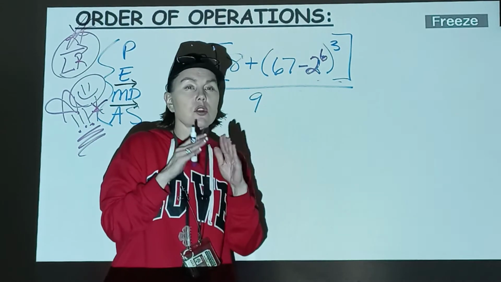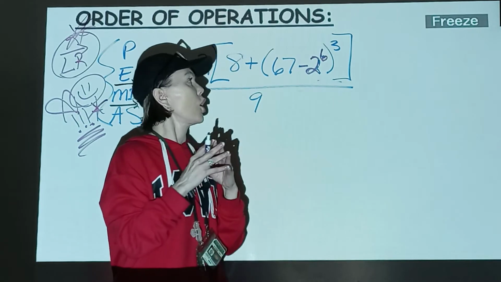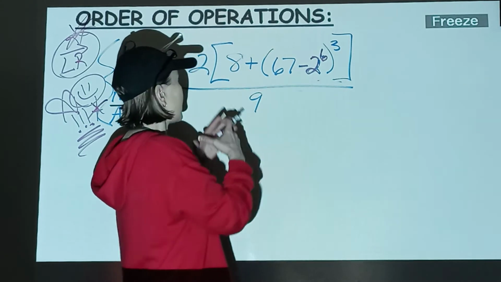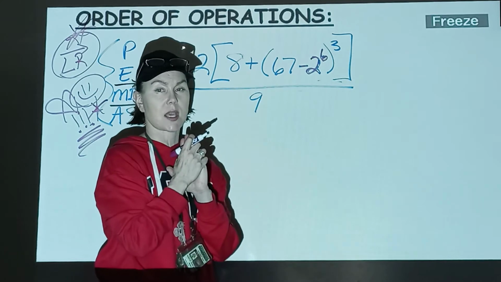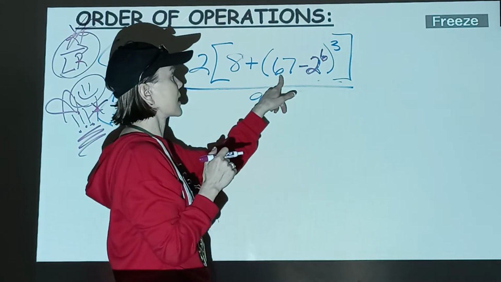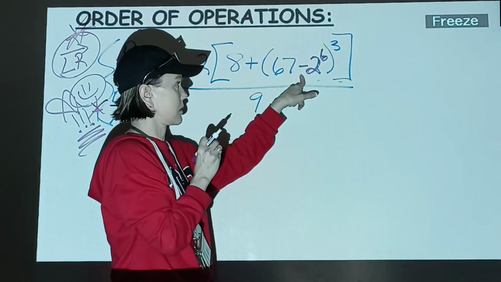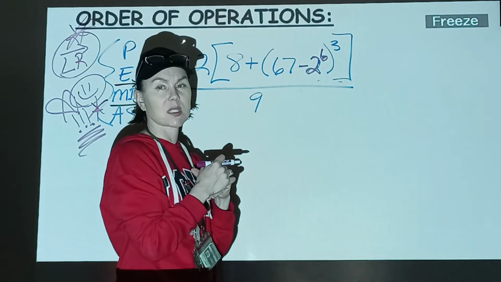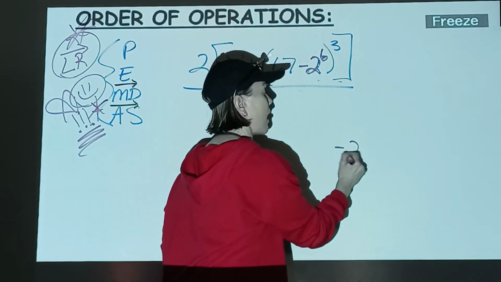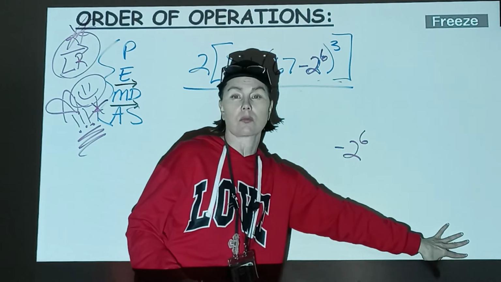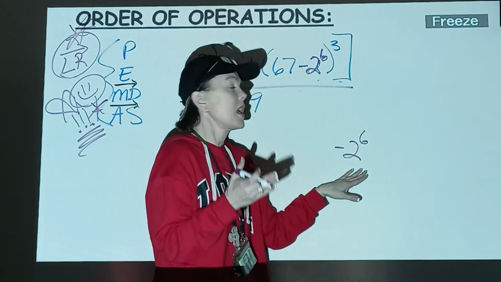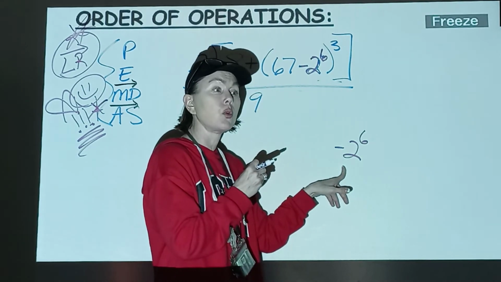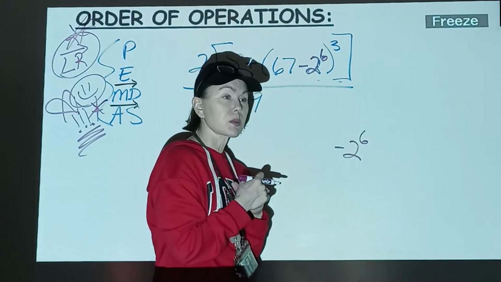Here is the answer, simple. When it is in an expression such as this, it is 67 minus 2 to the 6th power. If it was all by itself, just like we talked about over here, then that's a negative 2 raised to the 6th power.